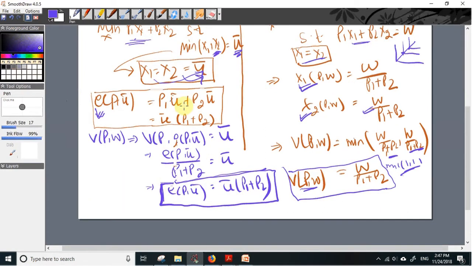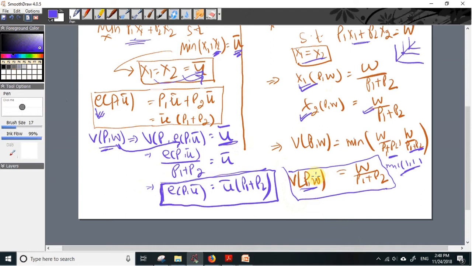This expenditure function can also be derived from the indirect utility function that we derived a minute ago. To derive the expenditure function from the indirect utility function, we simply substitute e(p, u bar) instead of w and equate the value of the function to u bar.